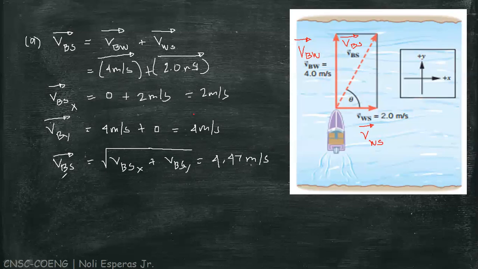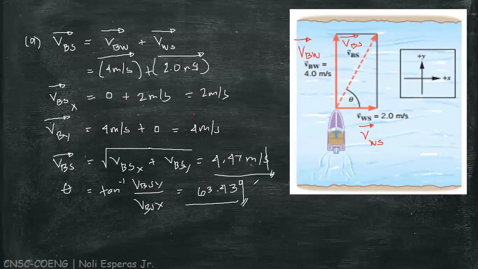And for theta, just do the arctangent of the y component over the x component. This one will result to 63.43 degrees. So this is our answer for the final velocity of the boat relative to the shore.